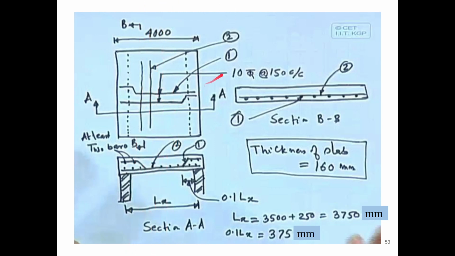But here the primary reinforcement is perpendicular to the axis, and the secondary reinforcements are parallel to the axis, because this is a long side. As per a beam, the primary reinforcement should have been in this direction, but that is not the case. Here we always take the primary reinforcement in the cross section, the transverse direction, and the secondary reinforcement in the longitudinal direction.